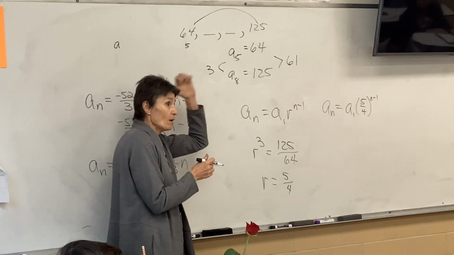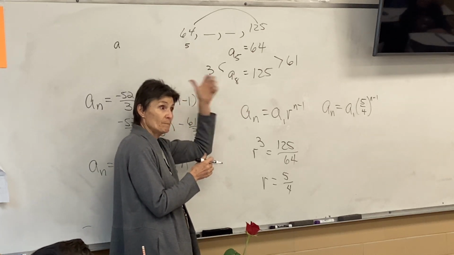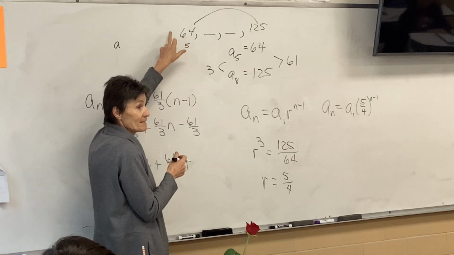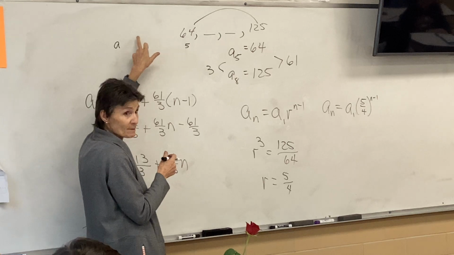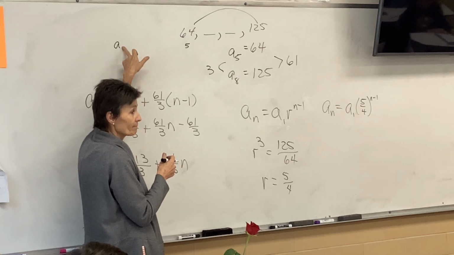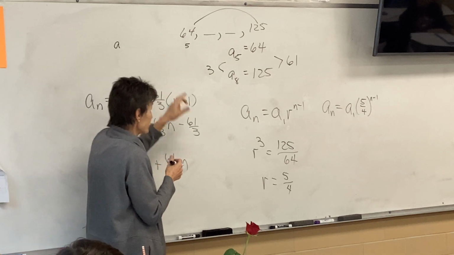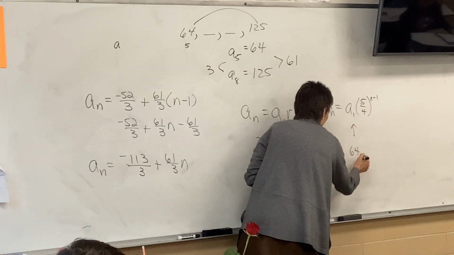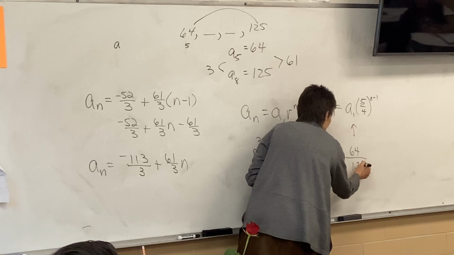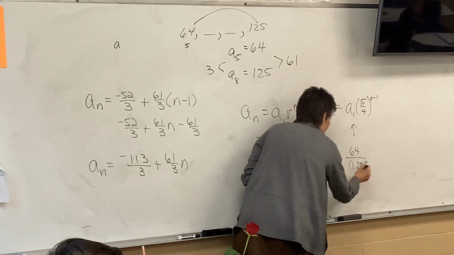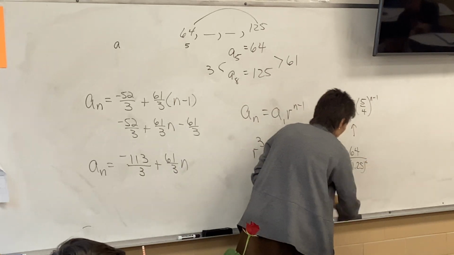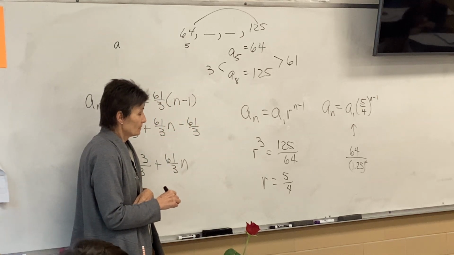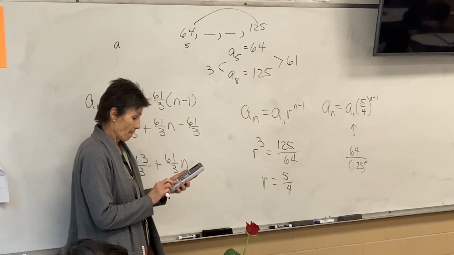We could divide, only I would be dividing instead of subtracting. So I could take 64 and basically divide it 4 times. So to go back to a sub 1, I could take 64 and divide it by 1.25 four times. Does that work out?